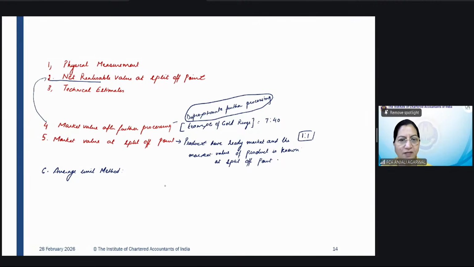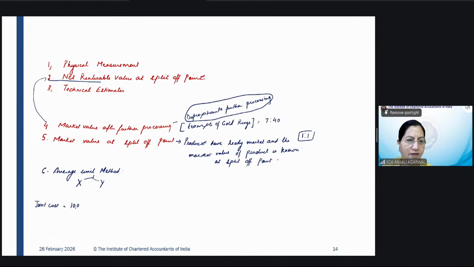All right. So let's come on to the next method, average unit method. I'll take an example for this. Let's say we have two products, X and Y, which are emerging from the joint process. So a joint cost of 10,000 is to be incurred.